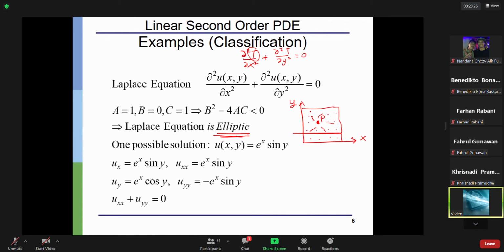So for example, here we give a heat generation at one point. Of course, the heat generation that we give in the middle here will affect the temperature distribution in the other areas of the domain.